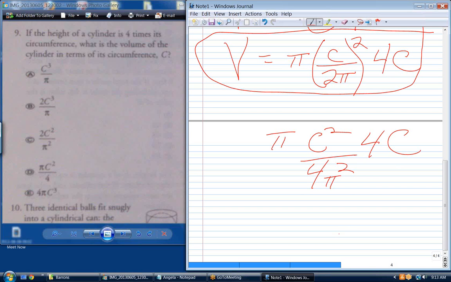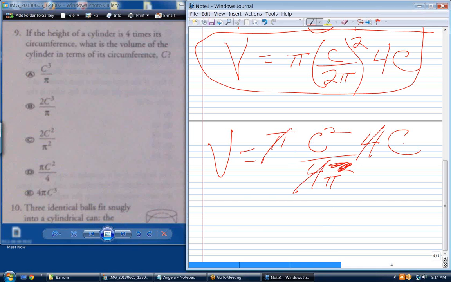What does that give us? We'll multiply both sides by 4 pi squared. Well, we're just looking at an expression here, not an equation. Well, you're right, we are looking at an equation, but one that just needs to be simplified. We can eliminate one of the pi's, the upper.